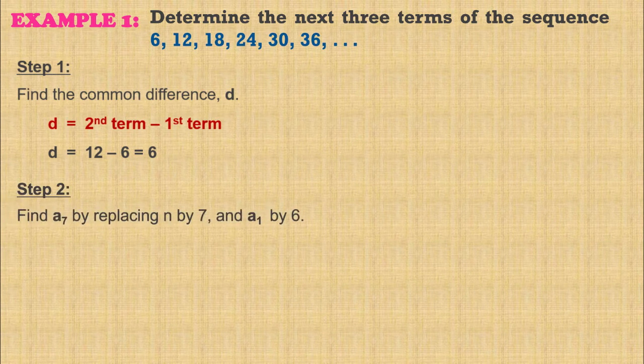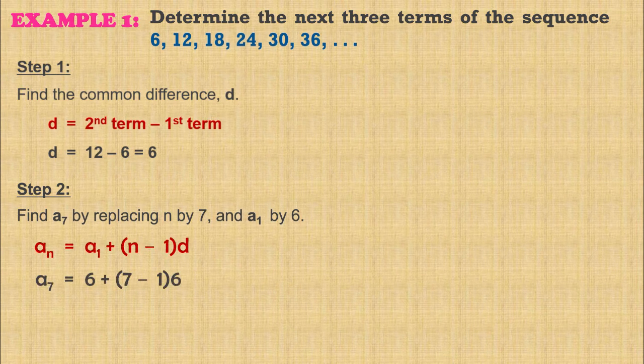Now for the second step, find a sub 7, meaning the seventh term, by replacing n by 7 and a sub 1 by 6. Now this is the formula for arithmetic sequence. So replace n by 7.